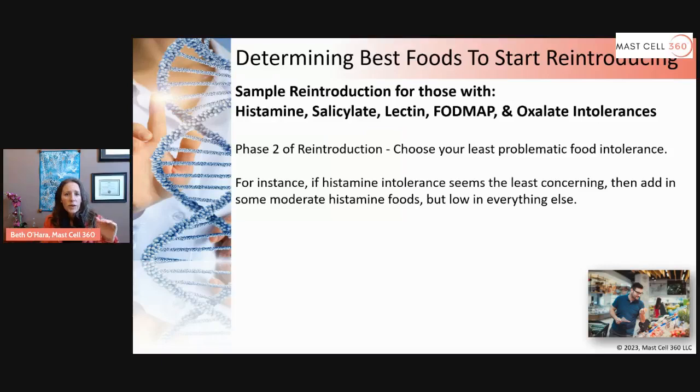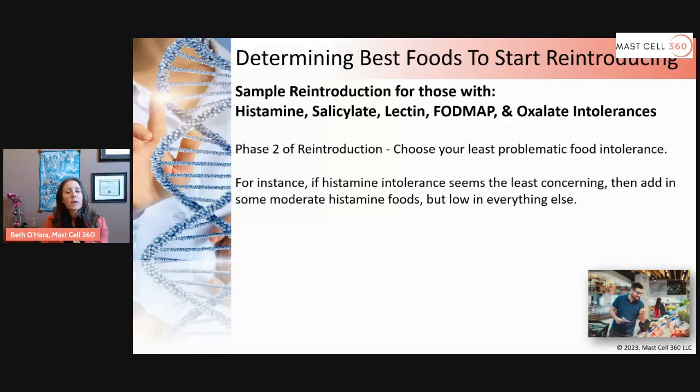Phase 2 would be after you've worked through that list. Phase 2 would be then adding in a little moderate histamine foods, but keep it low with everything else. So that could mean adding in just a little bit of, say, oyster mushrooms. Oyster mushrooms are low FODMAP, low oxalate, lower salicylate, low lectin, but they're going to have a little bit of histamine.